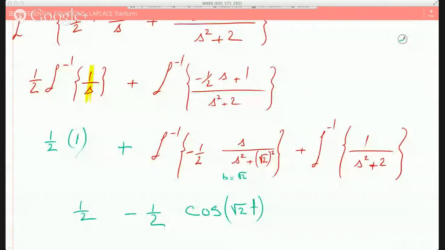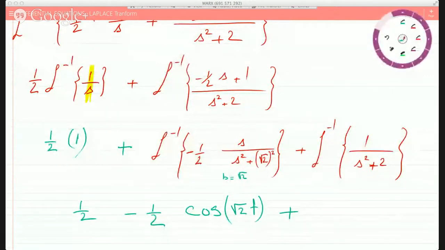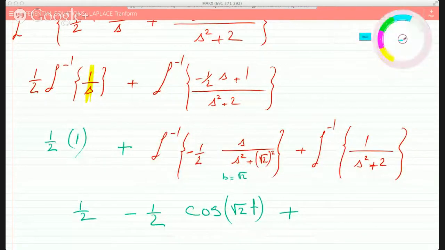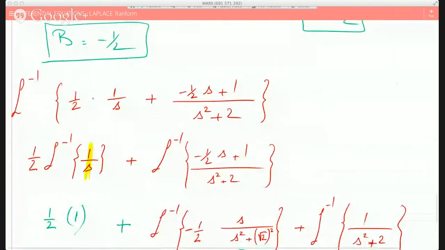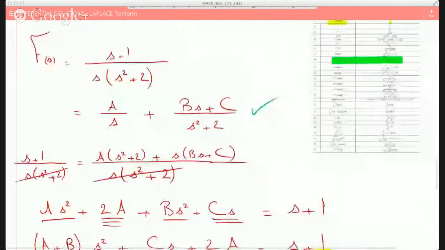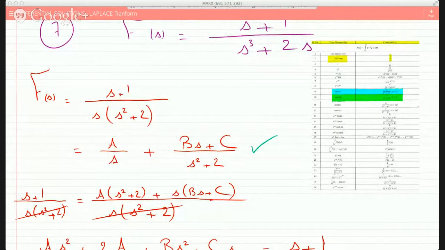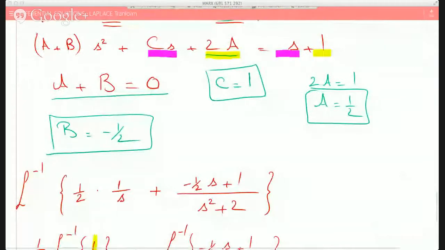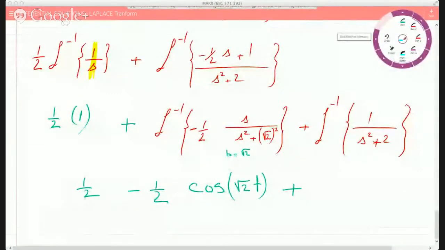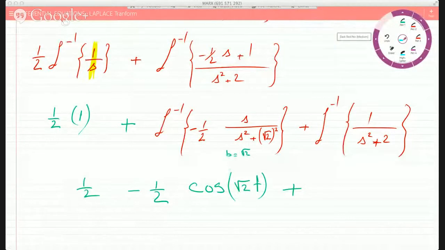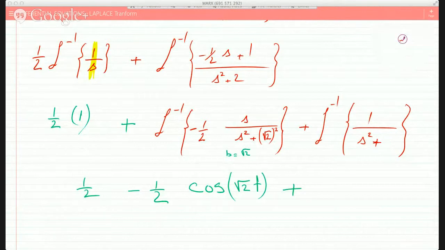Alrighty? And the last one is 1 over s squared plus 2, so that's a over s squared plus a squared, number 9 in the table, because I could rewrite the 2 as square root 2 squared. But I also need a square root 2 in the numerator.